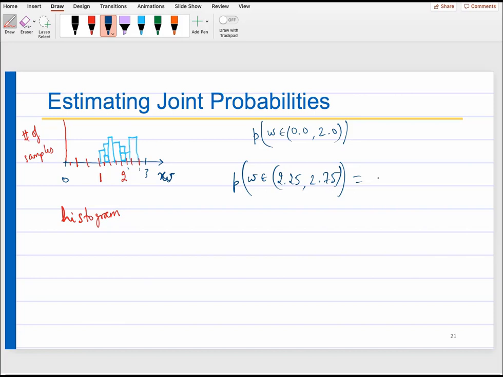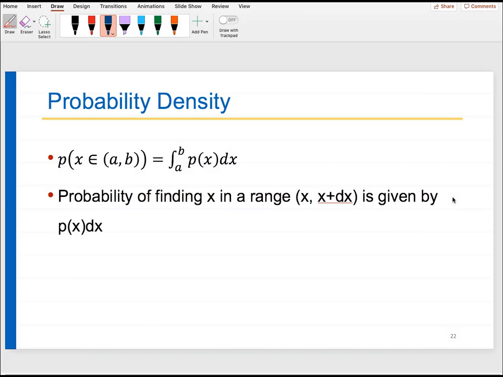So 1 plus 4, let us say 5, divided by the total number of samples. So this concept is called histogram. Histogram gives me a rough sample of the density, right?